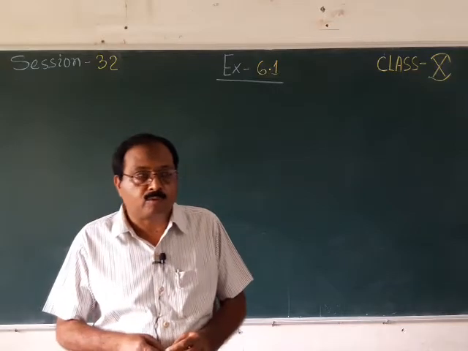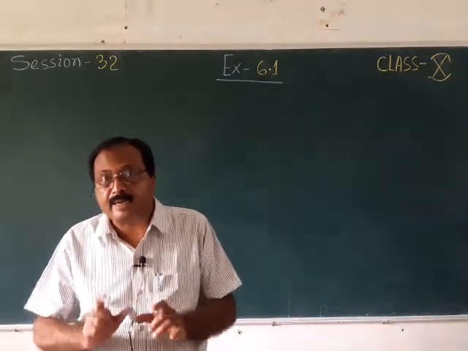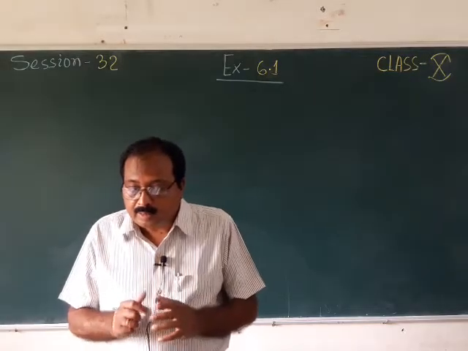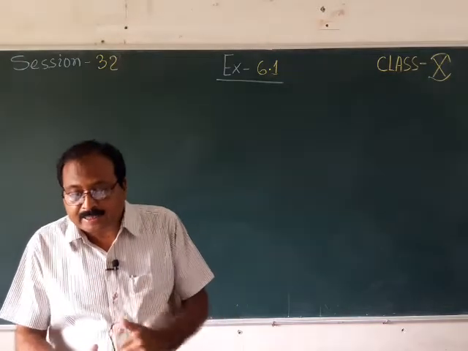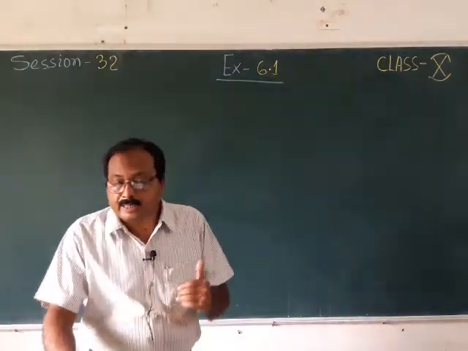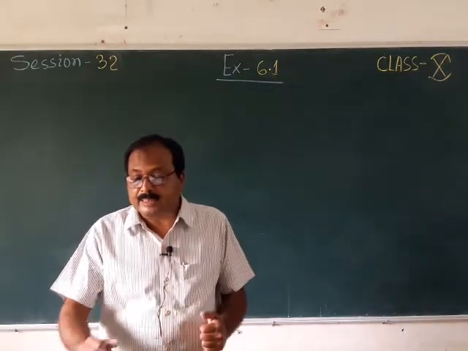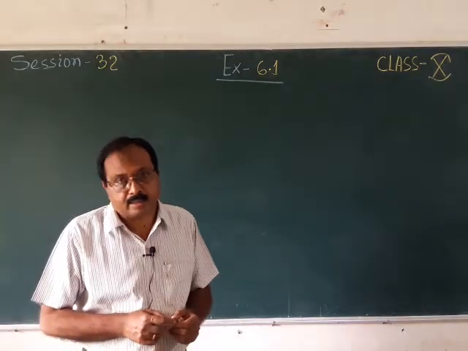That means for congruency the figures must have the same shape and the same size. In this chapter we should study those figures which have the same shape but not necessarily the same size.